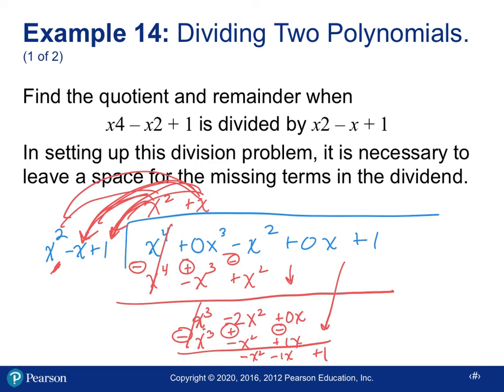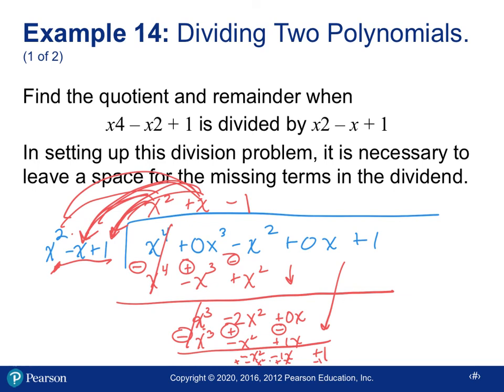And I see it looks sort of similar, a little different here. So we have x squared times what will give you a negative x squared? That'll be a negative 1. So negative 1 times x squared is going to squeeze it in here, negative x squared. Negative 1 times negative x is a positive x. Negative 1 times 1 is a minus 1. Change those signs, so this will become positive.